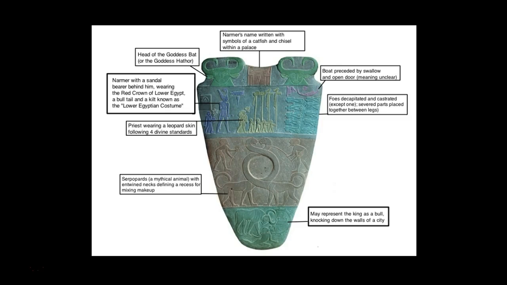In addition, much of the regalia worn by the king, such as crowns, kilts, a royal false beard, a bull tail, as well as other visual elements such as the pose Narmer takes on one of the faces, where he grasps an enemy by the hair and prepares to smash his skull with a mace, continues to be utilized from this time all the way through the Roman era. So that's pretty impressive that these stylistic conventions remained very unchangeable.